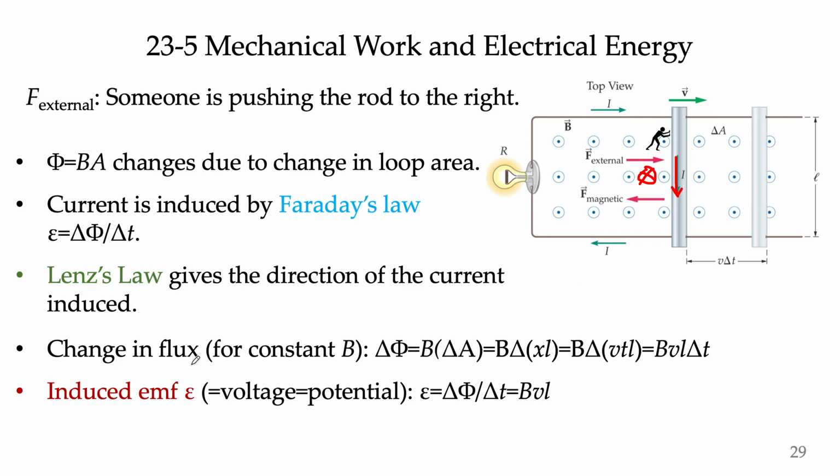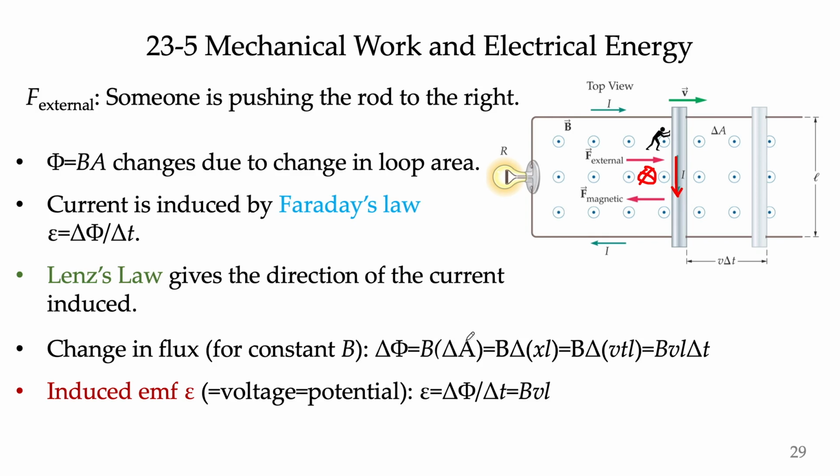Now let's write down the change in flux. The flux here is B times A. If I put a delta in front of it, this Greek letter delta means difference or change, and I put the same thing here. Now B comes out because B is constant, it's not changing, but the area is changing.